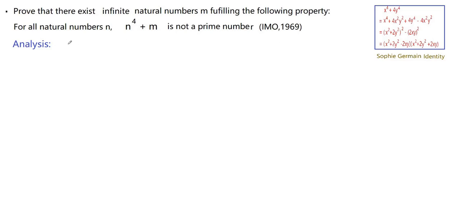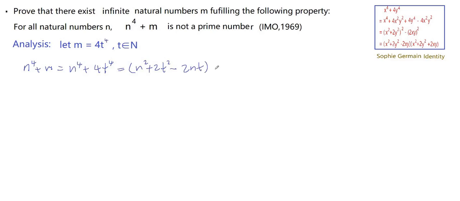It looks very simple because we can set m equal to 4t to the fourth power, where t is an integer. From the Sophie Germain identity, n to the fourth plus m equals n to the fourth plus 4t to the fourth, and it is (n squared plus 2t squared minus 2nt) times (n squared plus 2t squared plus 2nt).